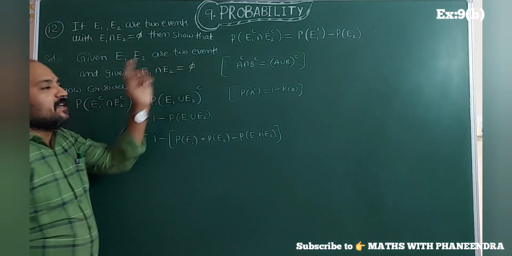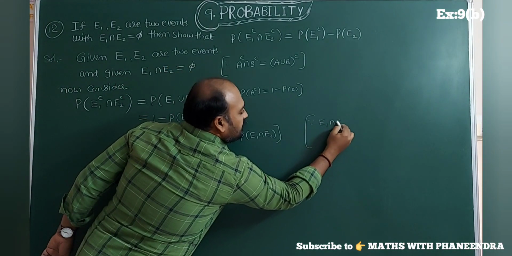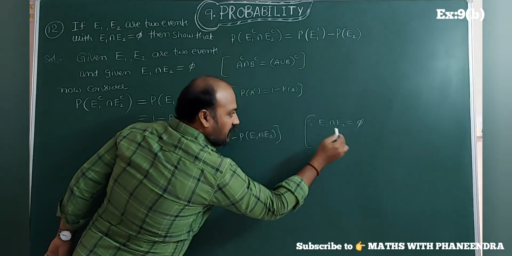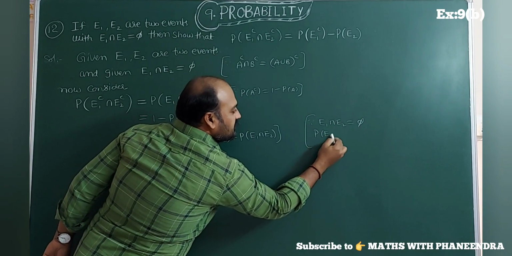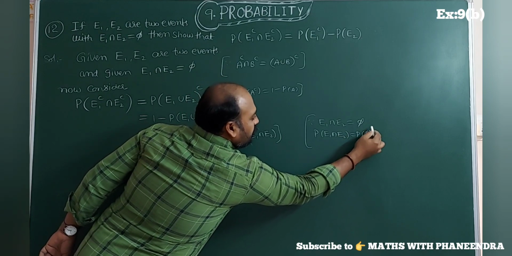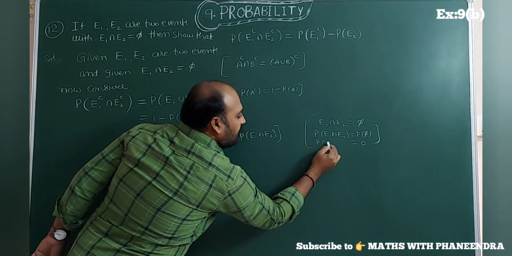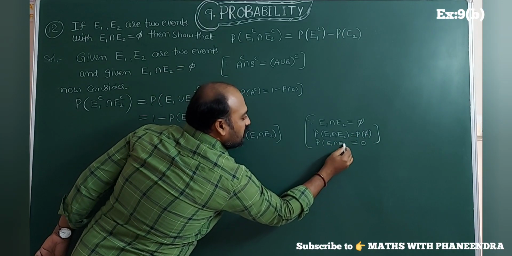Since E1 intersection E2 equal to null set, taking probability function on both sides, the probability of null set is always 0. So P of E1 intersection E2 is equal to 0.